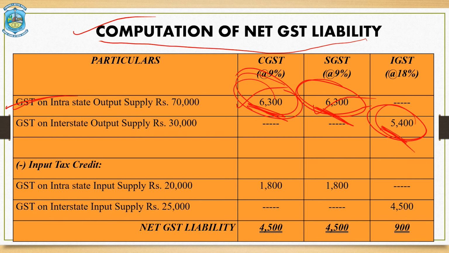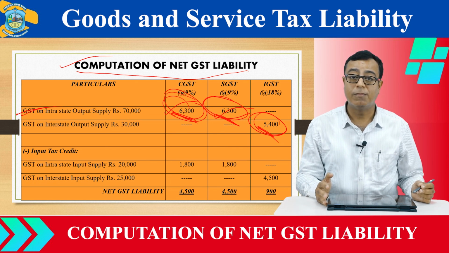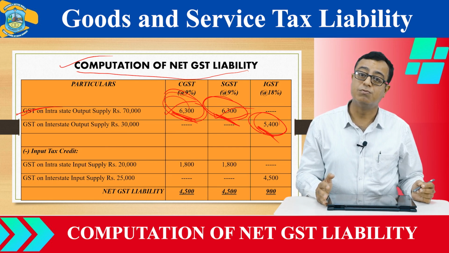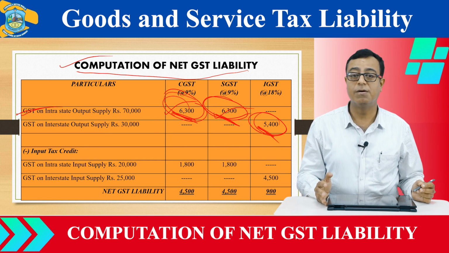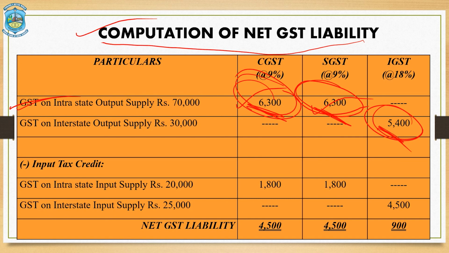But we are eligible for some input tax credit because we purchase raw material with the payment of GST. First of all, we are allowing input tax credit on intra-state input supply, that is given in the question. It is 20,000 rupees. The rates are same. So we are eligible to get 1,800 as CGST intra-state input supply credit and 1,800 SGST intra-state input supply credit.